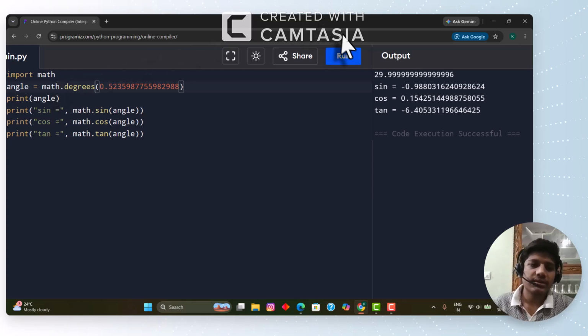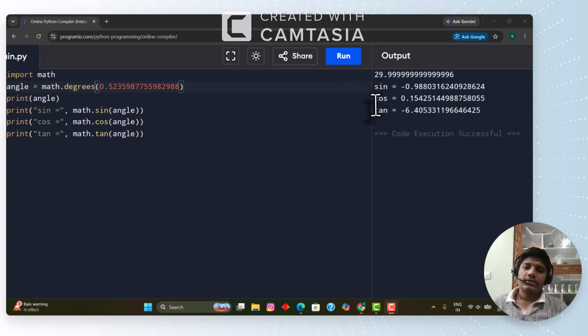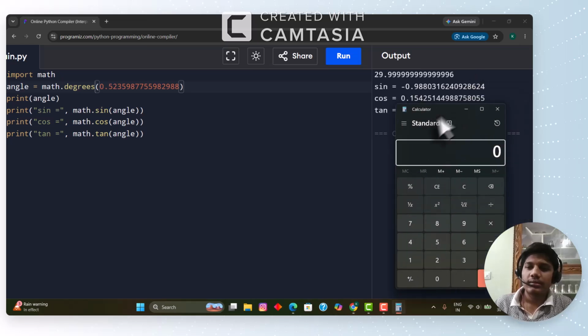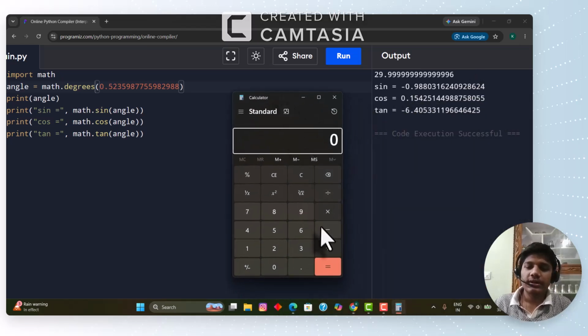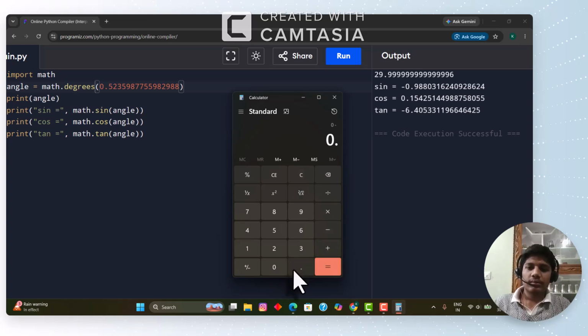So after this, the value of sine, so cos. So let's try one thing there. What is the value of sine? Minus 0.9898, right? 9880.